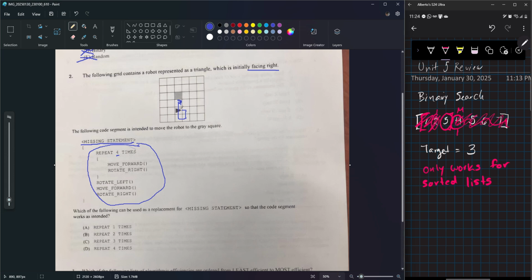So all it did was move it up 1, right? So then how many times do you want to move up to reach the gray square? So it would be 1, 2. So yeah, that's literally the missing statement.